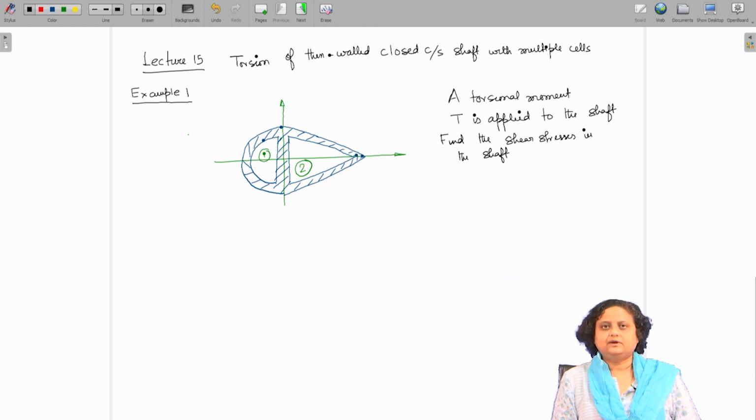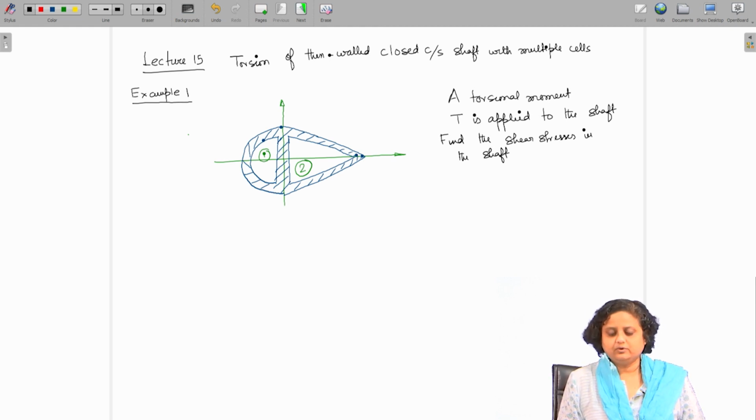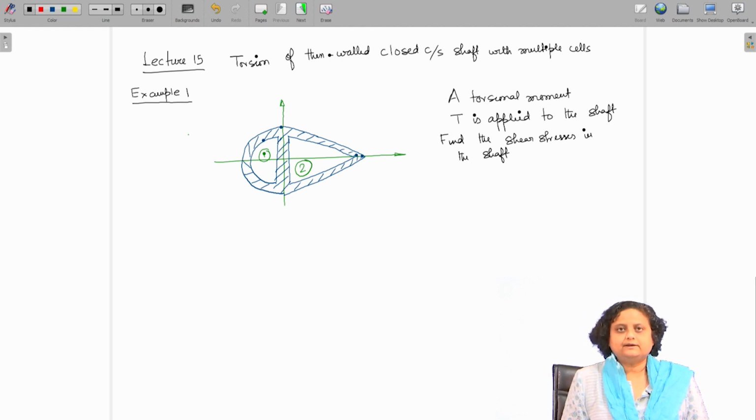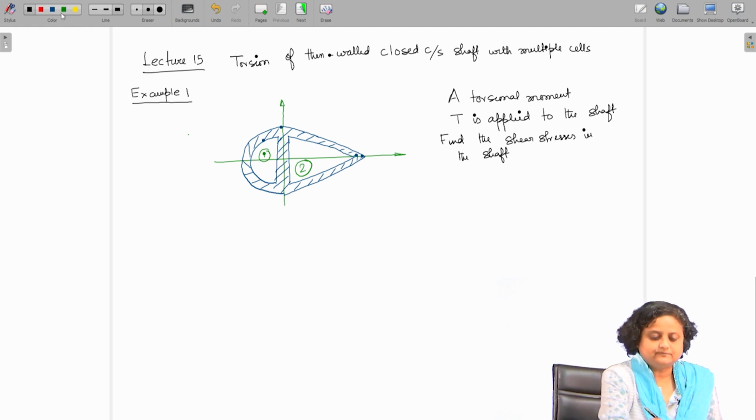So, this is what we need to evaluate. Now, let us draw the dimensions of the shaft.